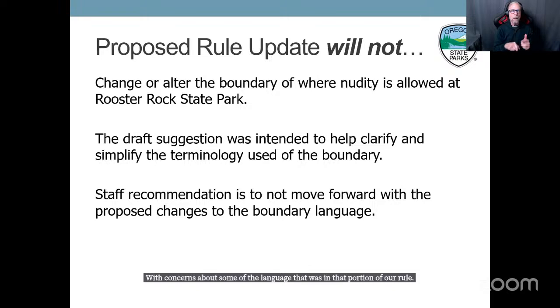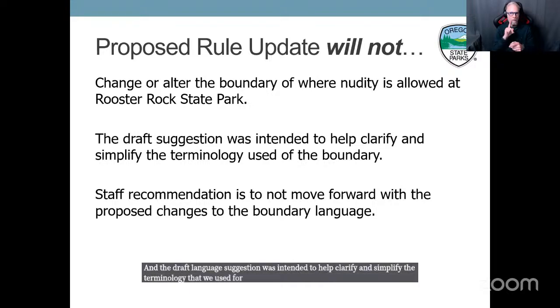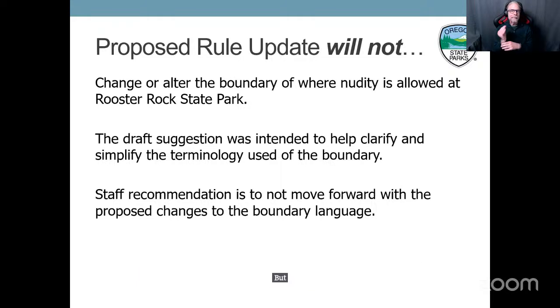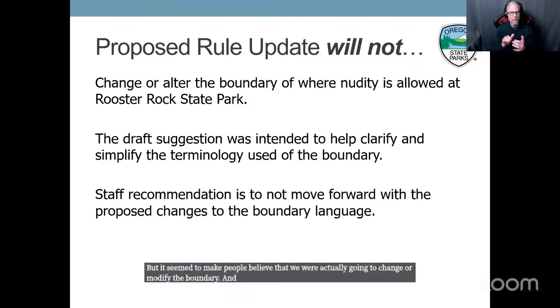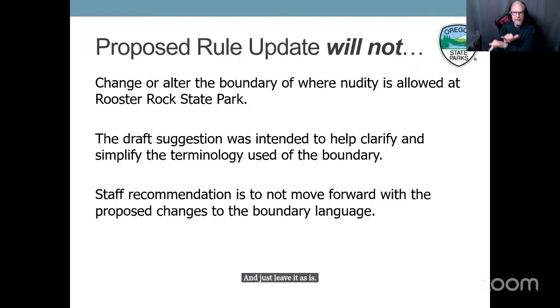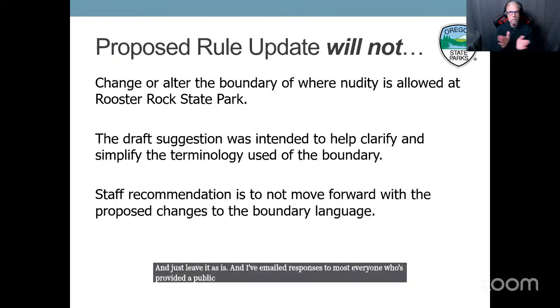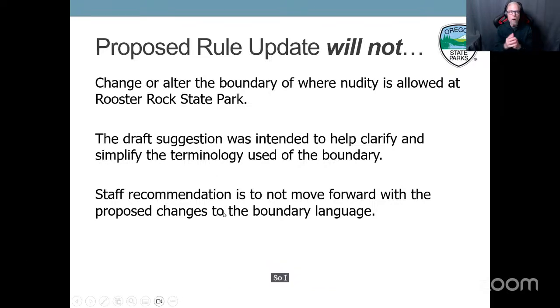The draft language suggestion was intended to help clarify and simplify the terminology that we used for that boundary, but it seemed to make people believe that we were actually going to change or modify the boundary, and that is definitely not the intent. So staff are going to make a recommendation to not move forward with that proposed change to that portion of the rule and just leave it as is. And I've emailed responses to most everyone who's provided a public comment to let them know. So I just want to make that clear here at the forefront.